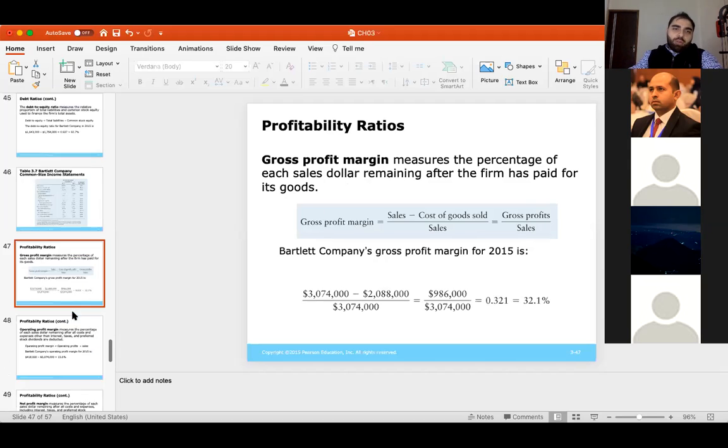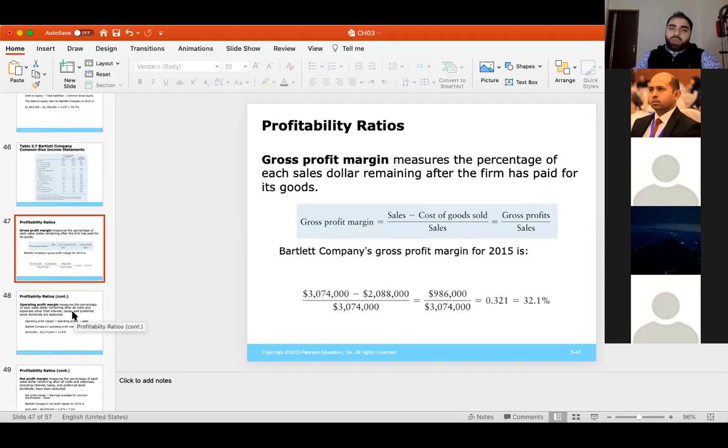Now we're going to move to profitability ratios. First of all, we have the gross profit margin. The gross profit margin is the sales minus the cost of goods sold over the sales, or in a different way, the gross profits over the sales.